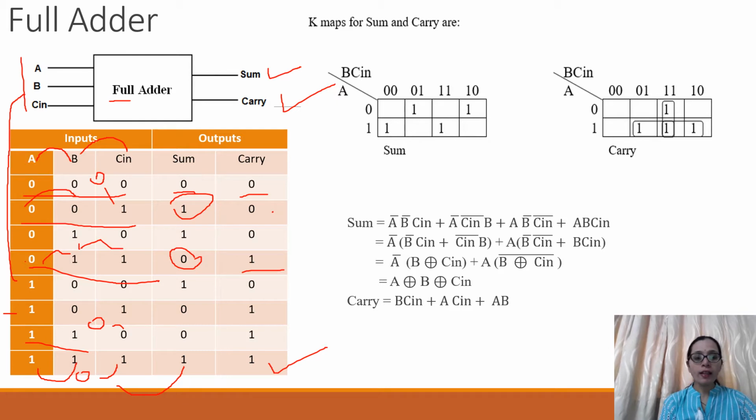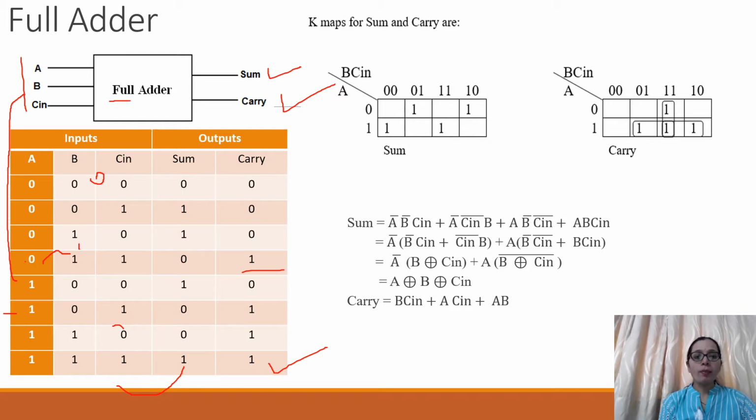Now after designing this truth table, the next step is to draw the K-map. So how is the K-map drawn now? For the 3 inputs, how many variable K-map will we need? We will need a 3 variable K-map, A, B, C in. And how many cells are there in a K-map? 8 cells are there.